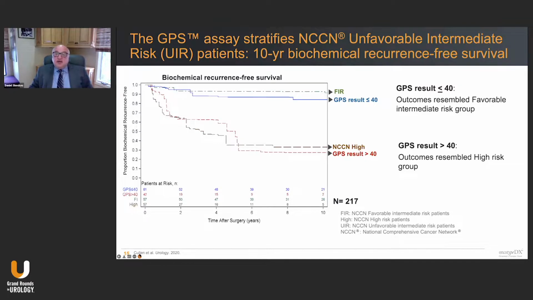In this study, looking at unfavorable intermediate risk patients and biochemical recurrence after radical prostatectomy, a GPS cut point of 40 divided these men into two groups. Under 40, they behaved like a favorable group, and over 40, they behaved like NCCN high-risk patients. And this is a group that might benefit from treatment intensification.